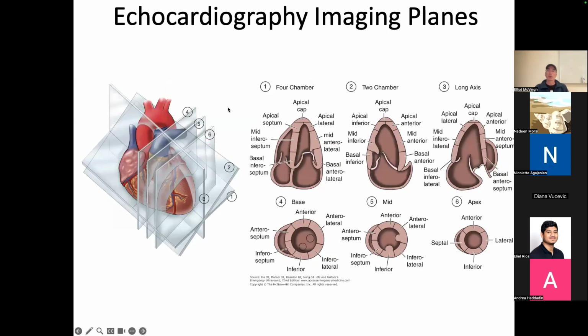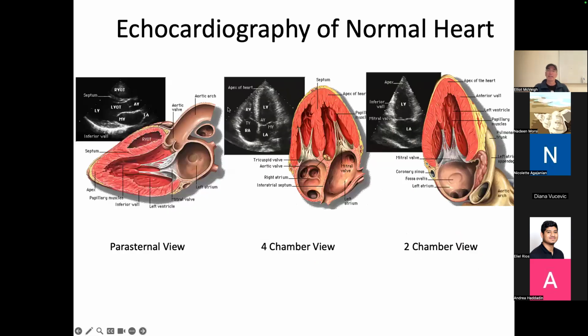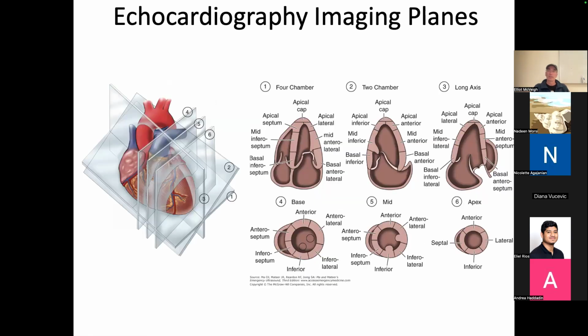Okay, so looking at those views again, here's the parasternal view, on the left, aortic outflow tract. This, again, is the two-chamber with the left ventricle and the left atrium, and the four-chamber with all four chambers. We can cut these views perpendicular this way, right?